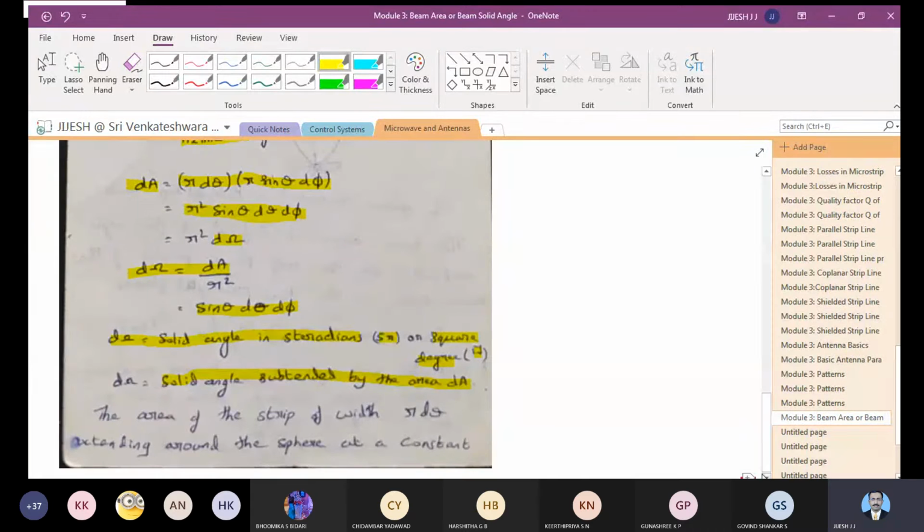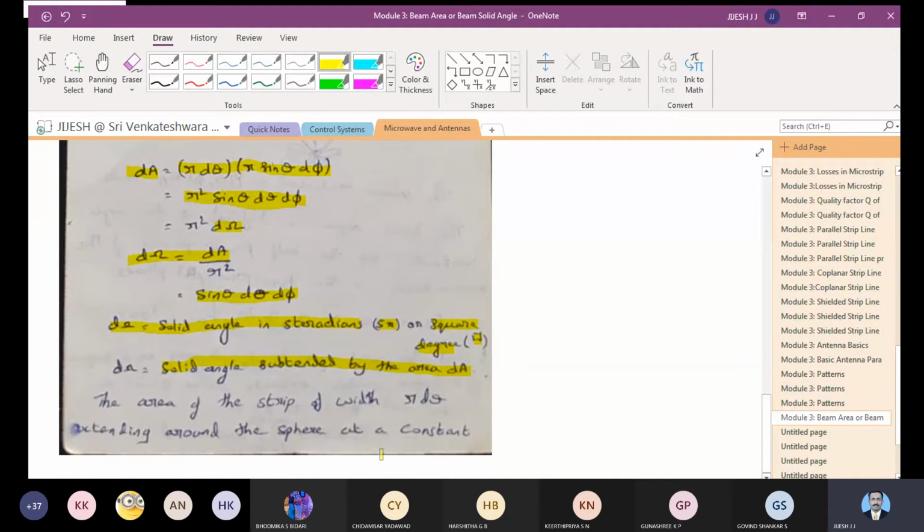So the area of the strip of width r d theta extended around the sphere at a constant value of theta: you have already studied the area of the sphere, and we are going to use those things for further simplification. You just complete these few equations, and we'll move on with the usage of these equations for simplification.